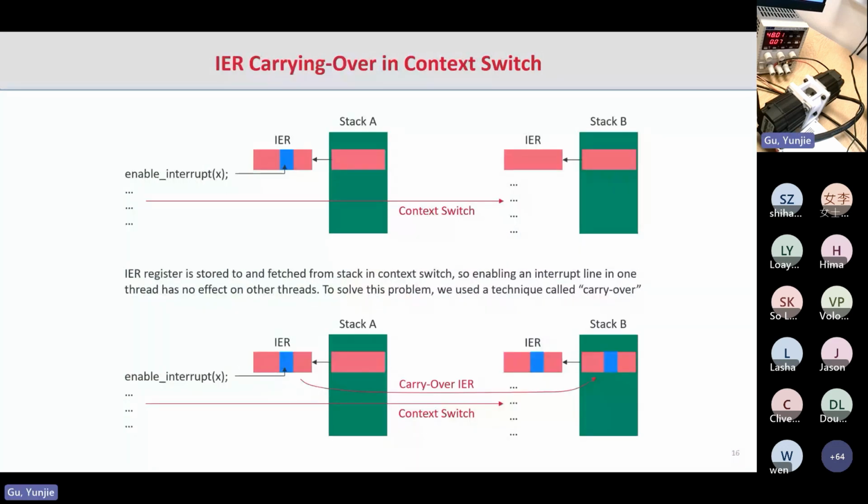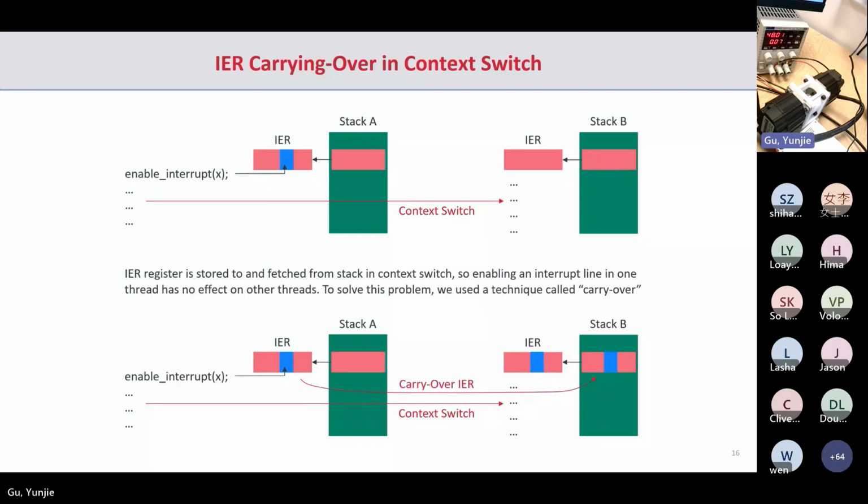There is another problem which is quite similar to the previous one: the IER register, the interrupt enabling register, is also part of the context, as I explained. When you switch to a different thread, the IER is taken from that thread, which means if you enable an interrupt in one thread, it is not automatically carried over to the second thread.